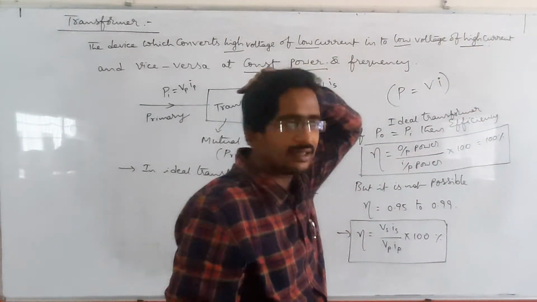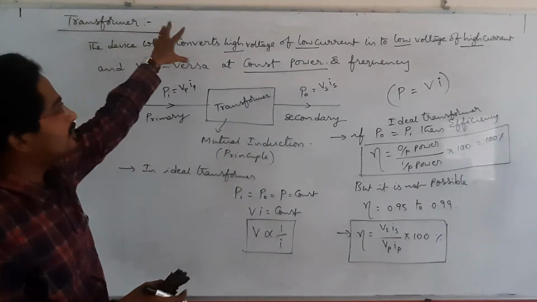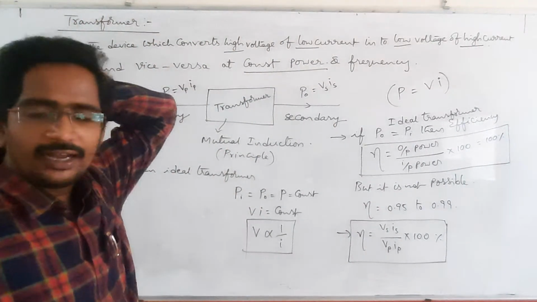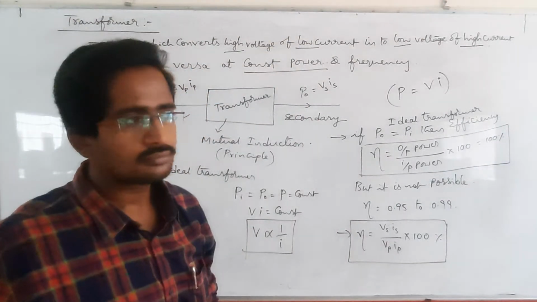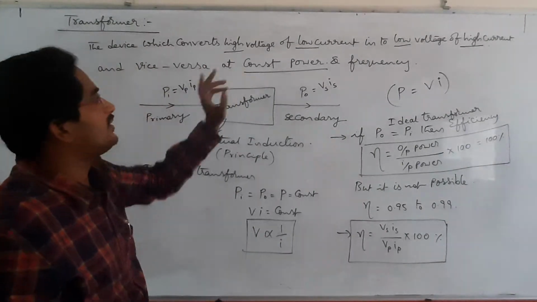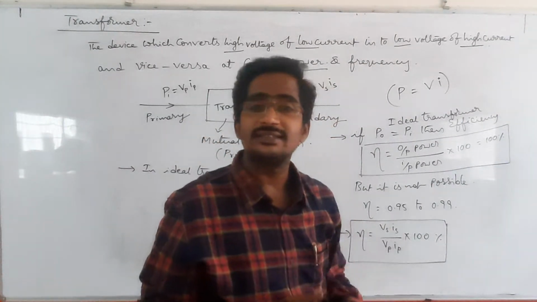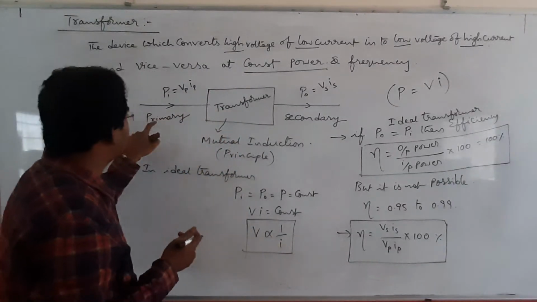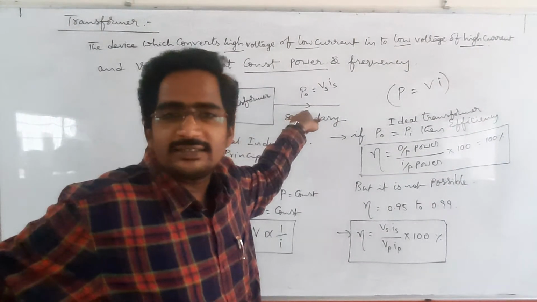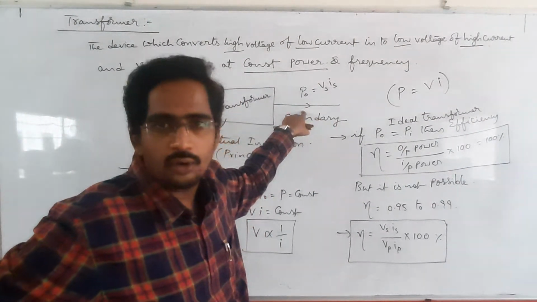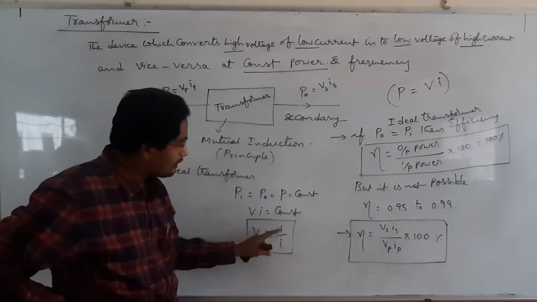Due to that reason we wrote the definition of a transformer like this: it works at constant power as well as frequency. That means whatever the frequency of the input AC, the same frequency we have for the output also. So do remember, V is inversely proportional to I here.